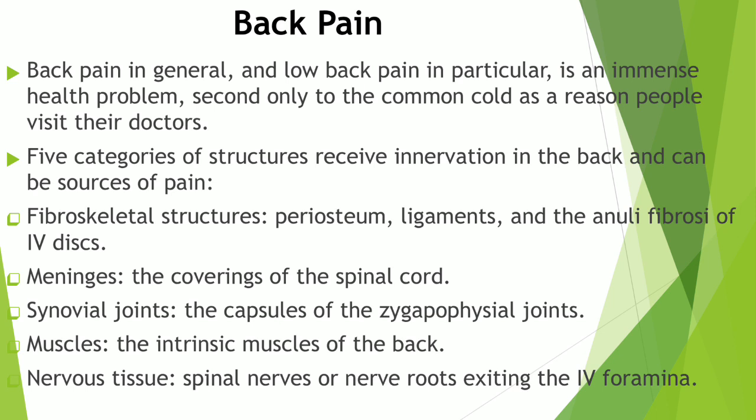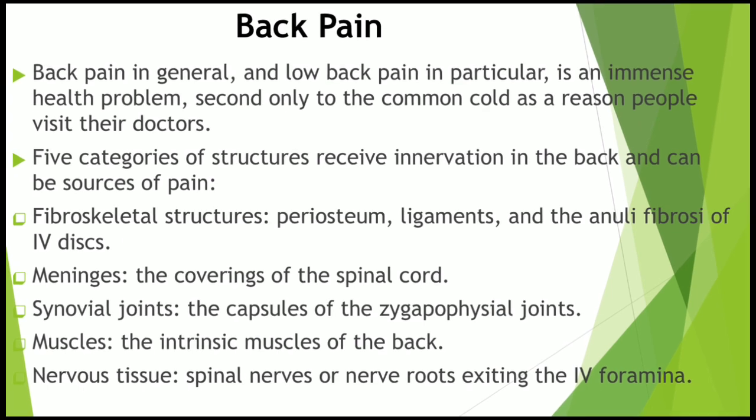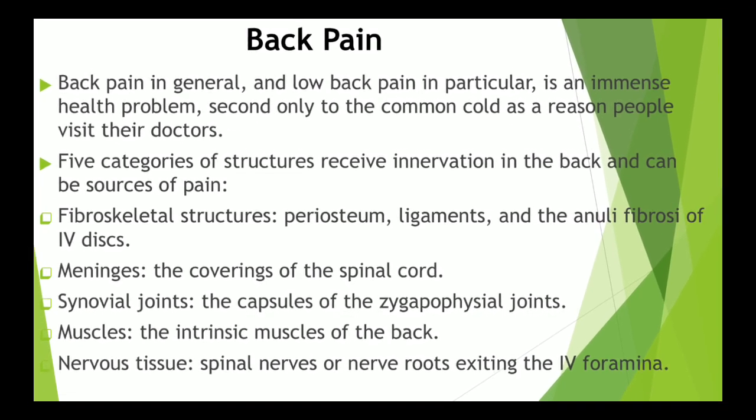Localized back pain, that's pain coming from the back, is generally muscular. It can be muscular in origin. It could be coming from the joints, could also come from fibroskeletal tissues. Muscular pain is usually related to reflexive cramping, that's spasms that come from ischemia.